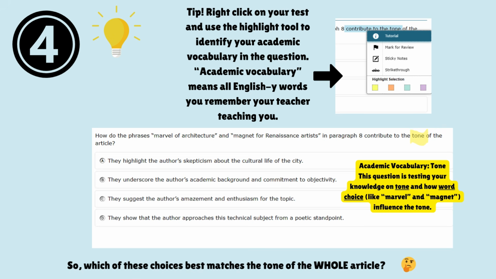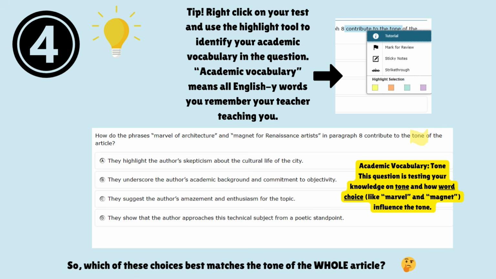So tone is when we analyze what the author is trying to get across, what they want us to feel, what mood they want to put us in. There's many different ways that you can convey tone. And here they're asking us to analyze the connection between tone and word choice, because the author deliberately chose words like marvel of architecture and magnet for Renaissance arts.